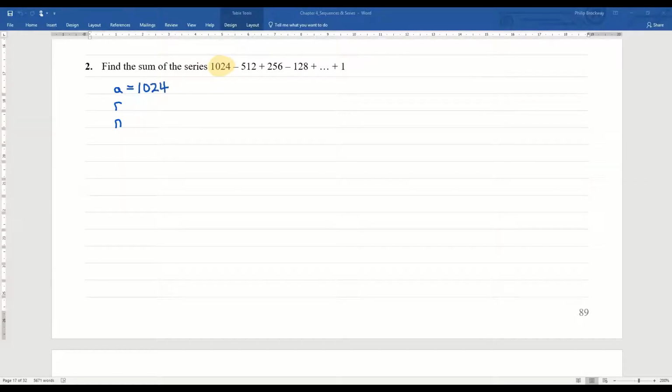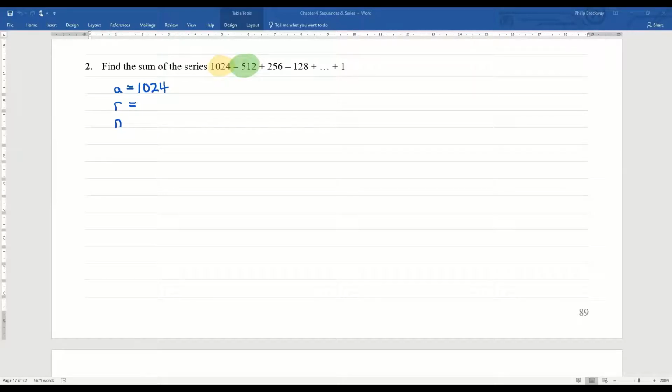We can easily find the R just by dividing consecutive terms. So the second divided by the first. Now, just be careful with this. If I take the second term here, it's got a negative sign. That's part of the term, isn't it? We seem to have an alternating series here.